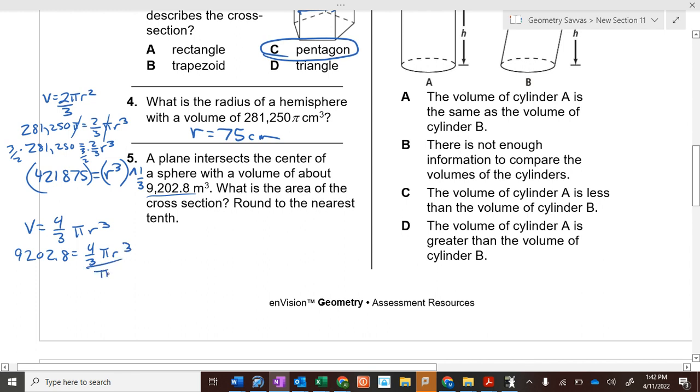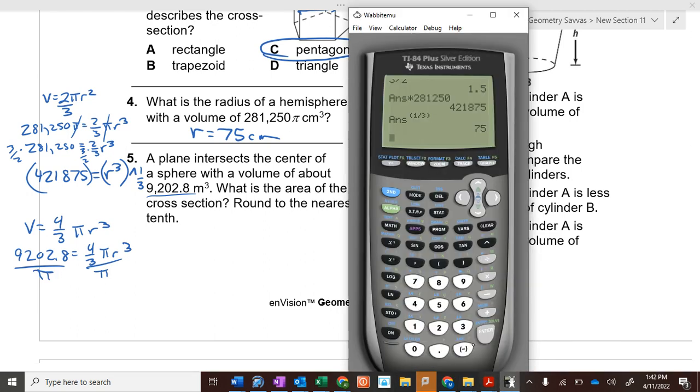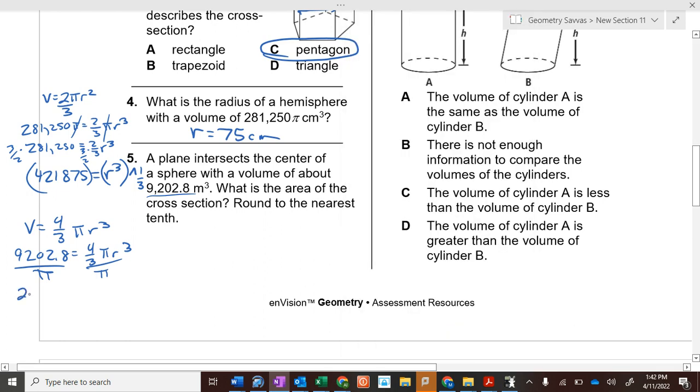So if I divide by pi, 9202.8 divided by pi gives me 29,342.